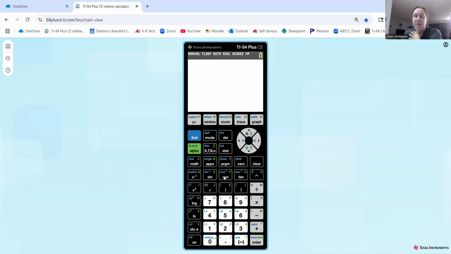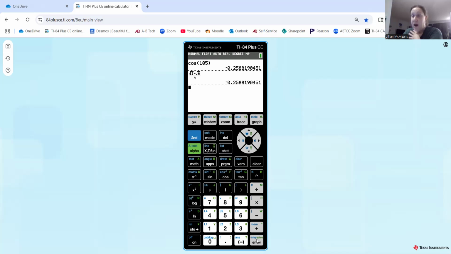And what I want to check is cosine of 105. So we can see that cosine of 105 degrees is negative 0.2588190, and so on. Okay, now we want to compare that to the answer we just got with the sum formula. So we're going to take the square root of 2, subtract the square root of 6, and divide everything by 4, and hopefully we get the same negative 0.25 and so on.